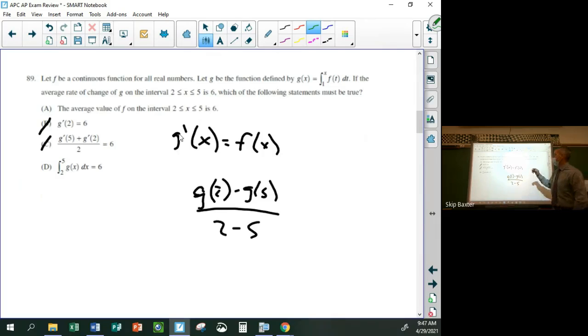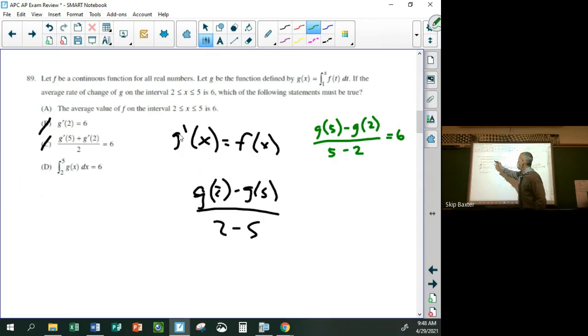But let's do it in actual symbols. If you think about what the average rate of change of G is, he wrote it here. I'm going to write it just in the opposite order. I'm going to write G of 5 minus G of 2 over 5 minus 2. That's what this is saying. The average rate of change of G over the interval from 2 to 5 is 6.